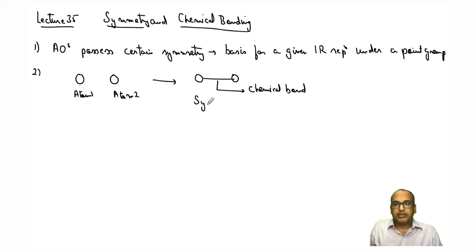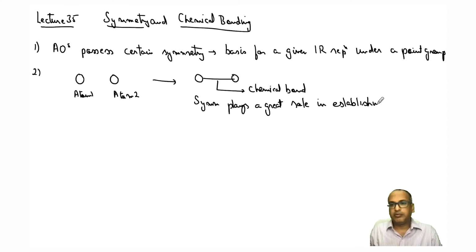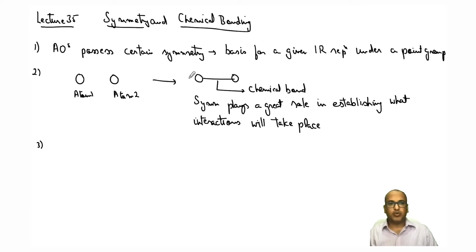So symmetry plays a great role here, in establishing what interactions will take place and what will not. We will see how symmetry comes into this picture, but symmetry has a great role in forming chemical bonds. This is what we already know; I'm not telling anything new.